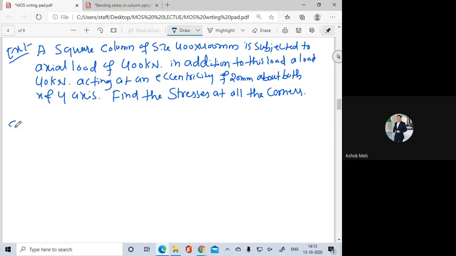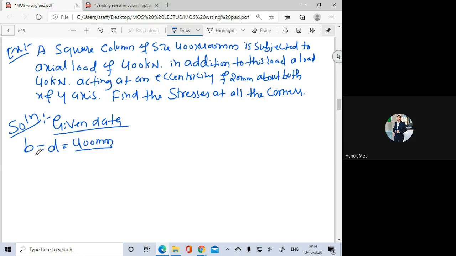Okay. So here you can see this given numerical. Once again, I am going to read this. A square column of size 400 mm by 400 mm is subjected to axial load of 400 kilonewton. In addition to this load, a load of 40 kilonewton is acting at an eccentricity of 20 mm about both x and y axis. Find the stresses at all the corners. So now we have to take the given data. So what data is available? Square column, that is the width and depth of the column, given as 400 mm.